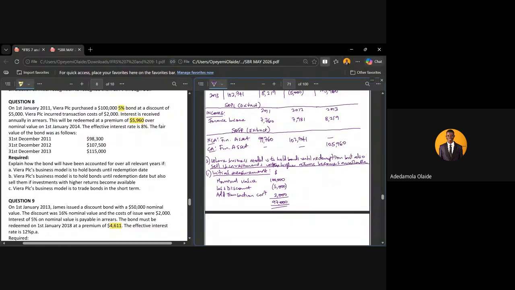Then, because we are holding to collect, we'll have to prepare an amortization schedule.